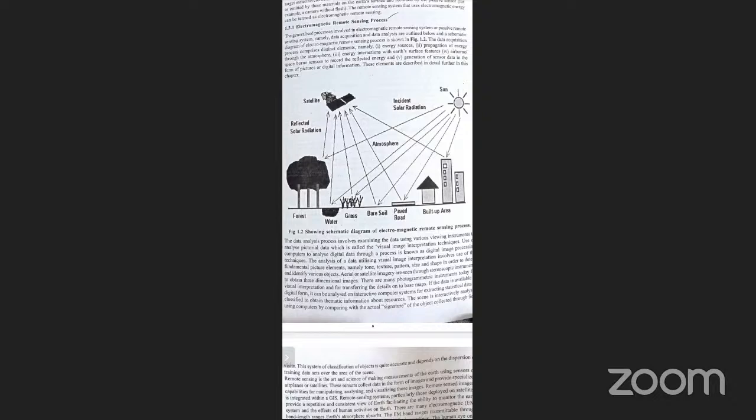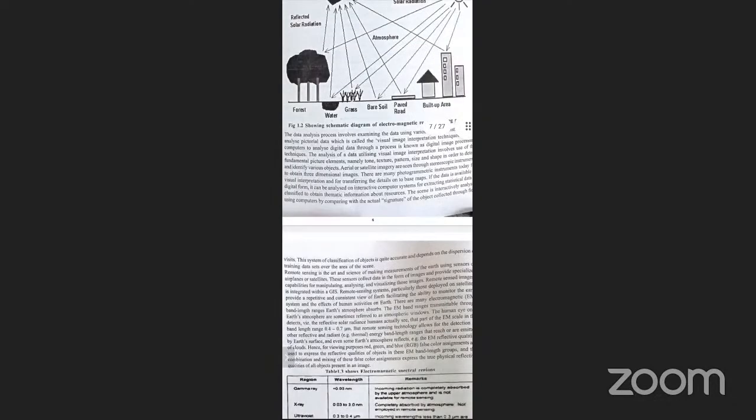Here it is mentioned, you see the various regions of the electromagnetic spectrum, the spectral bands or spectral regions. Gamma ray is less than 0.03 nanometer. X-ray is from 0.03 to 3.0 nanometers.